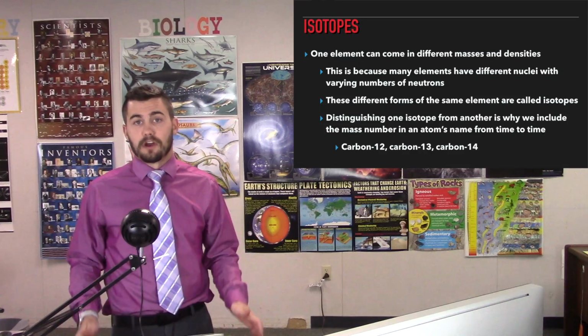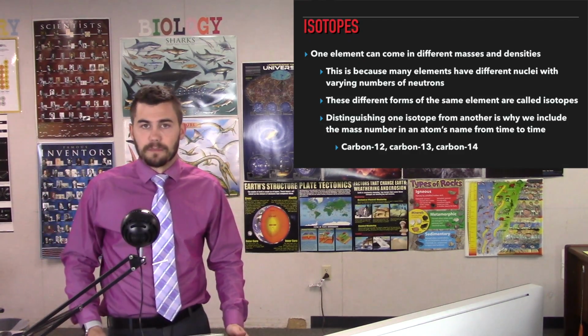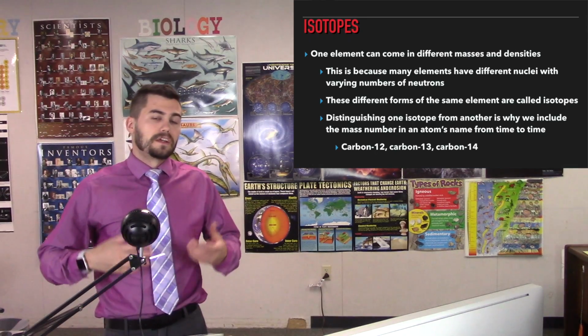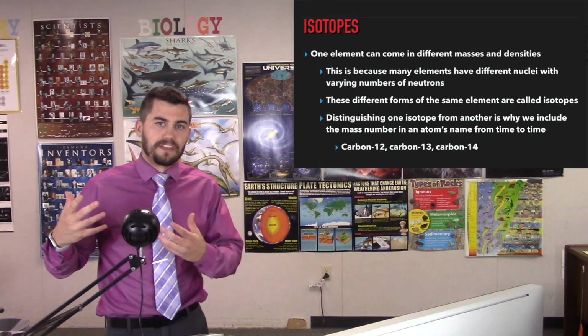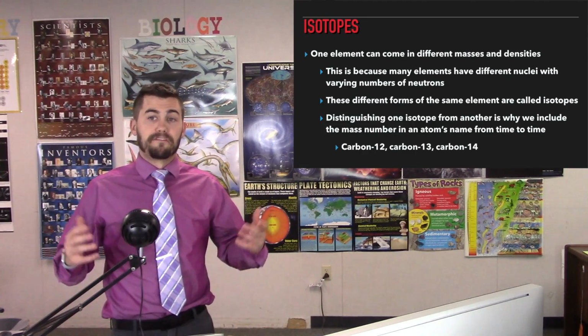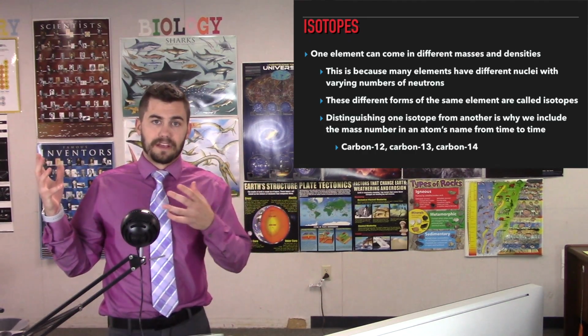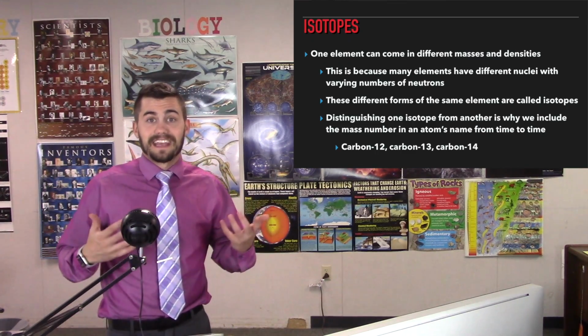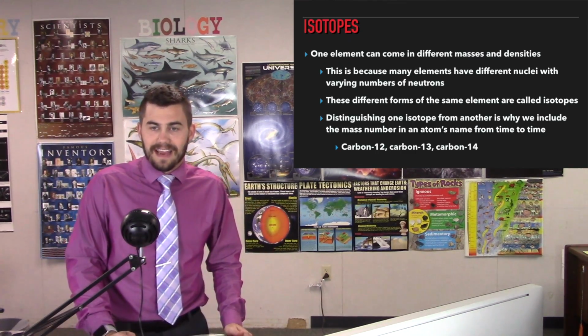So for example, there's carbon-12. Carbon is number 6 on the periodic table, so it always has 6 protons. Carbon-12 is carbon with 6 protons and therefore 6 neutrons as well. Carbon-14 always has 6 protons, like I said, but then it has 8 neutrons in that case.